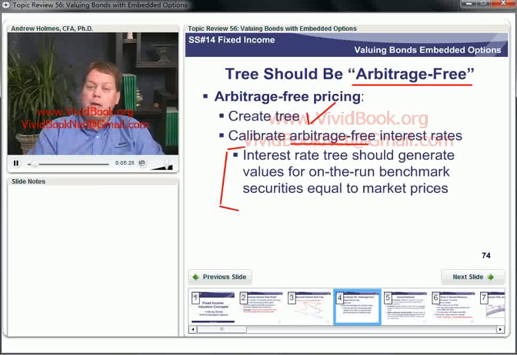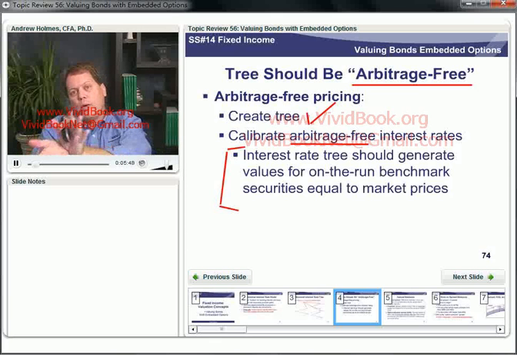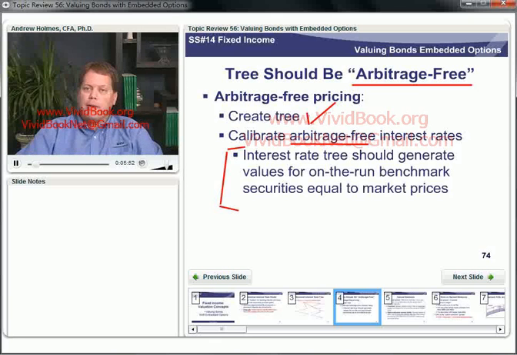Now, the thing to remember is that while the tree has to be arbitrage free, which for us is really just a theoretical concept, we're not going to be calibrating, there are an infinite number of arbitrage free trees. So there's one tree with a volatility of 8% and one with a volatility of 8.01%. So we make volatility assumptions that determine the width of the branches, and depending on our assumption about volatility, we then calibrate the tree by taking the on-the-run treasury security and forcing the tree to reflect a certain set of values.